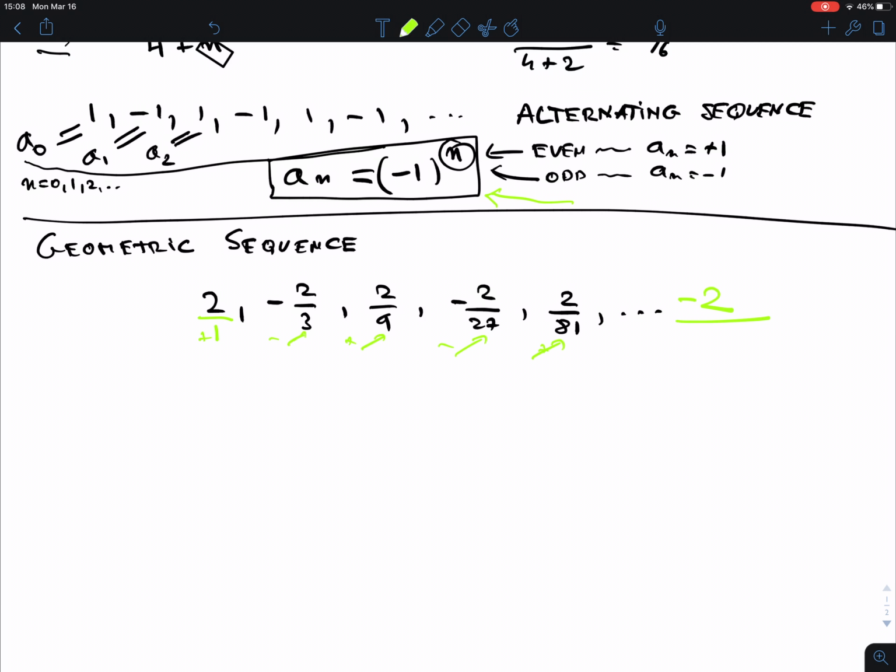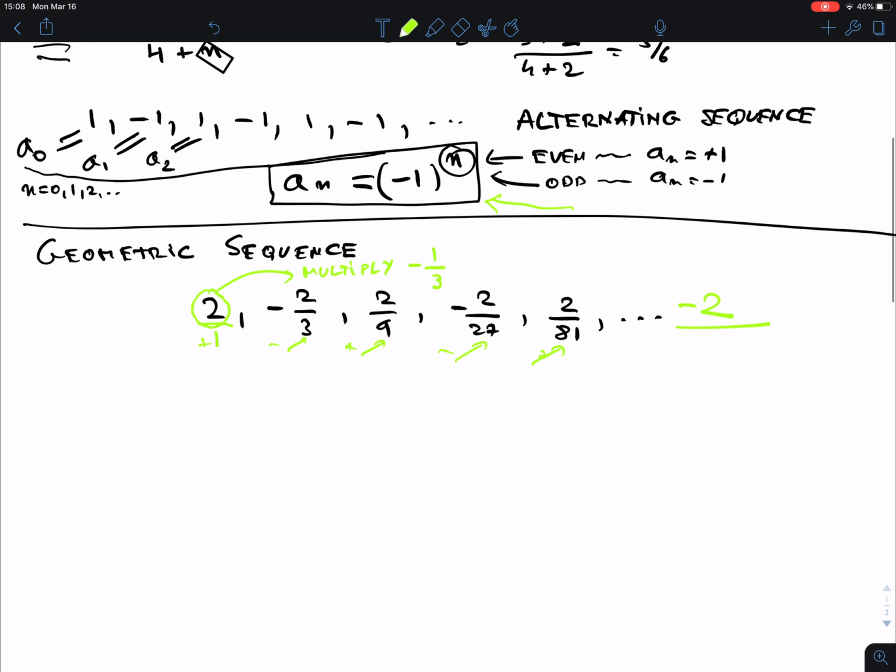Now, what does this mean? Let's look at the first number. How do I get from there to there? That is by multiplying. Let's figure out what I multiply by. To get from 2 to minus 2/3, I multiply with minus 1/3, right?